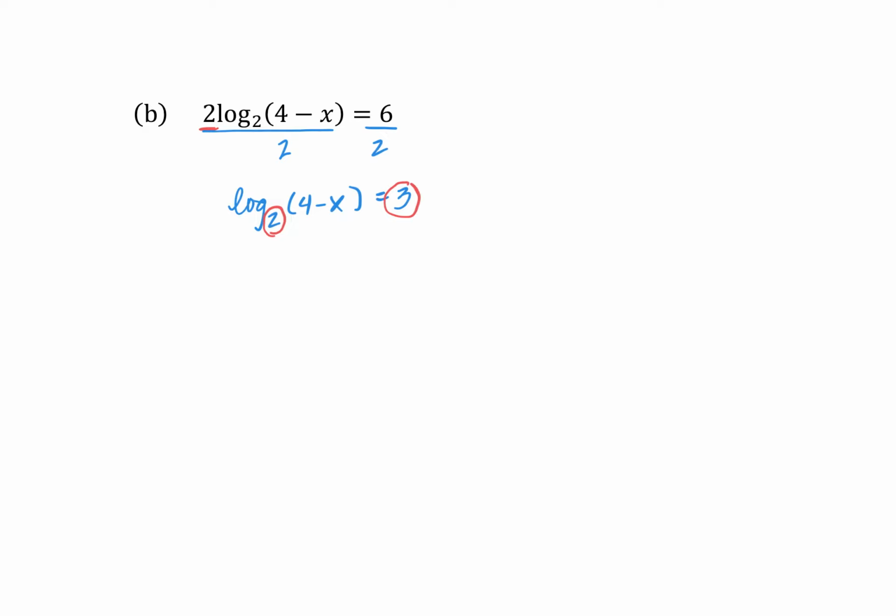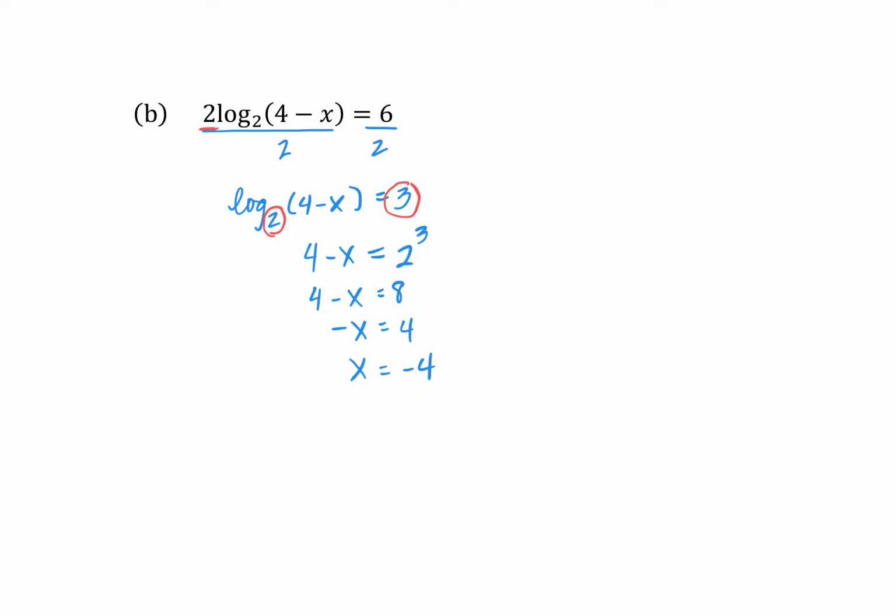That's going to be equal to 4 minus x. So base is 2, exponent is 3. I have 4 minus x equal to 8. Negative x is equal to 4, or x is equal to negative 4.